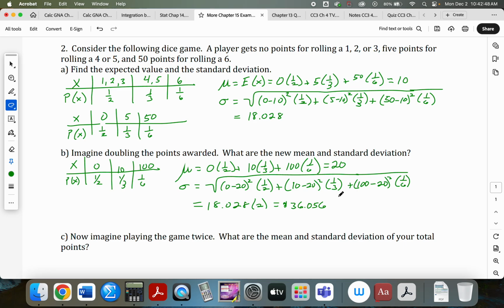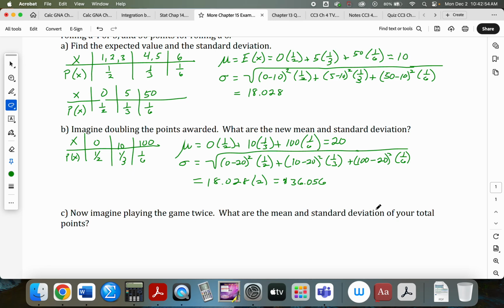So now, imagine playing the game twice. What are the mean and standard deviation of your total points? Well, I'm not going to go through making a chart for this. I'm going to use the rule. The mean is going to be the expected value of x1 plus x2.